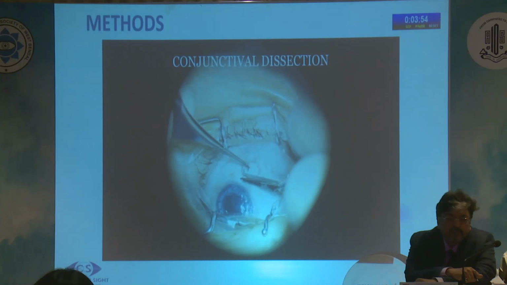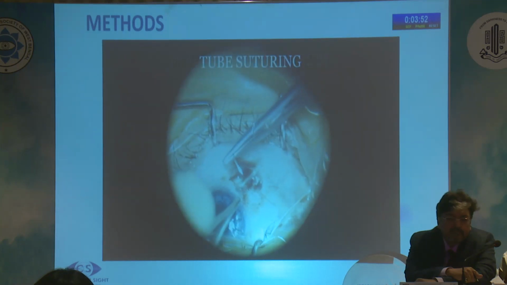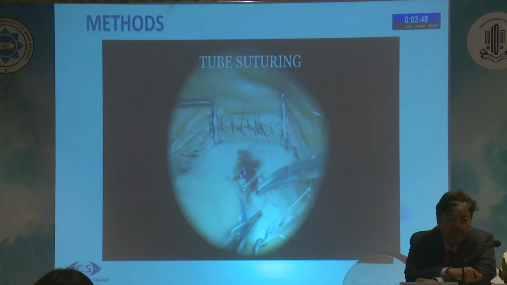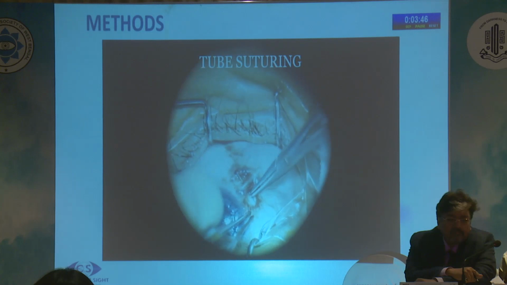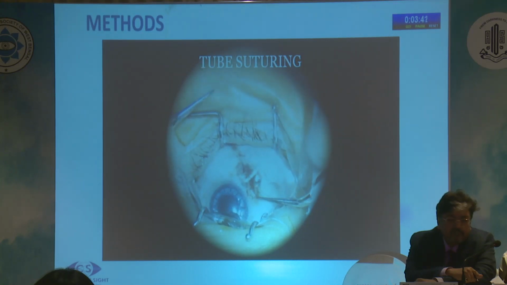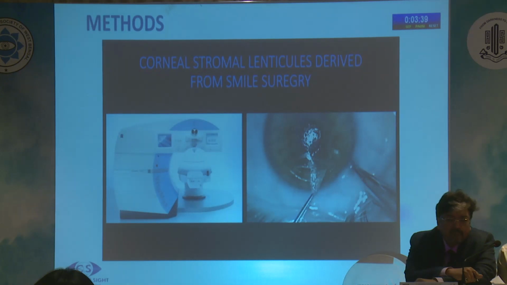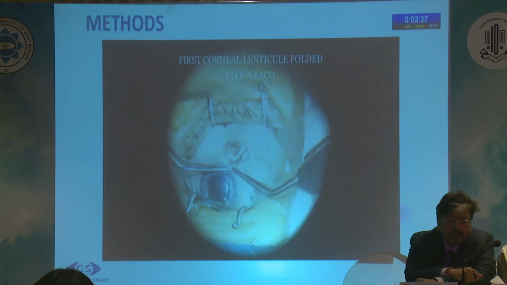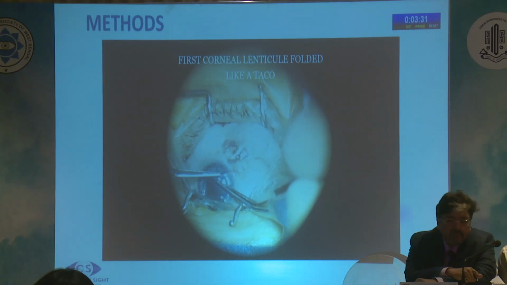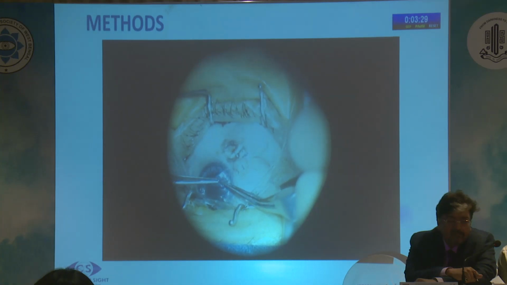The surgical repair was started by conjunctival dissection around the tube, which was then secured to the sclera using non-absorbable sutures. 3 SMILE-derived lenticules were obtained and were used to cover the exposed tube in multiple layers, securing each layer with fibrin glue.